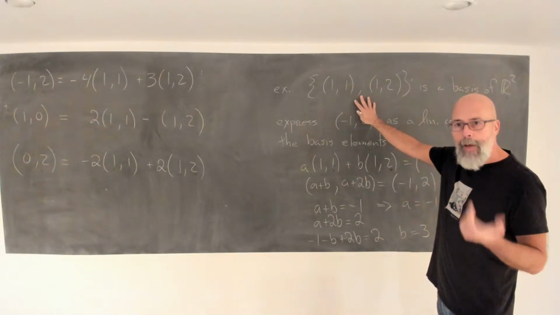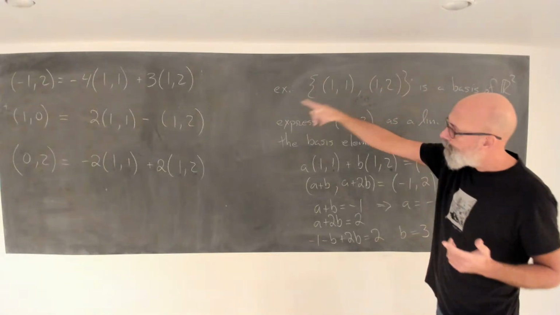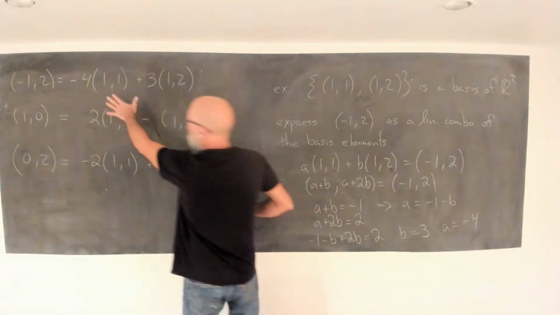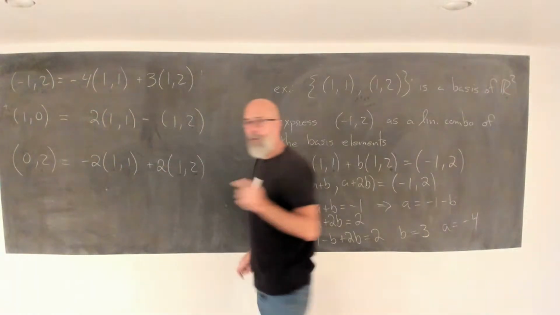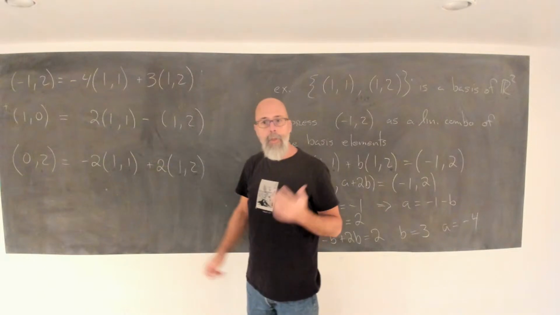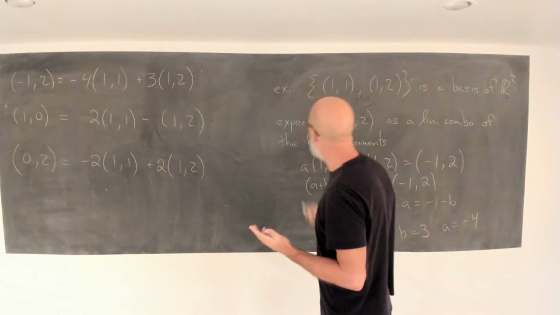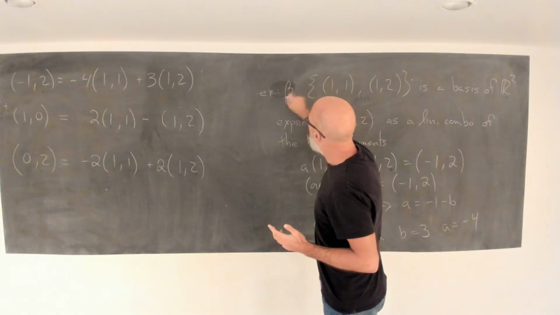Given a basis where the order matters, consider this vector, which is -4 times the first basis element plus 3 times the second basis element. Let's give this a name.